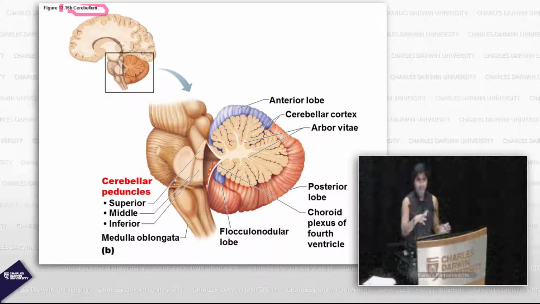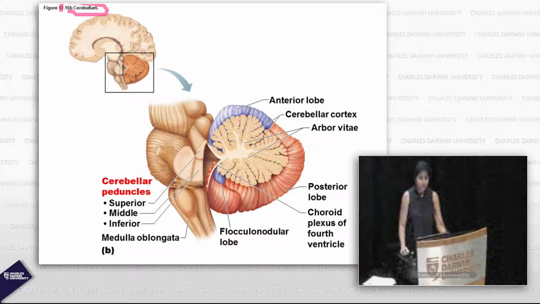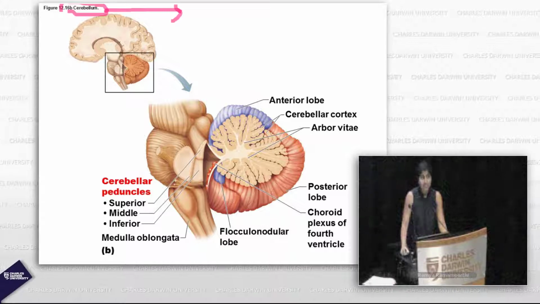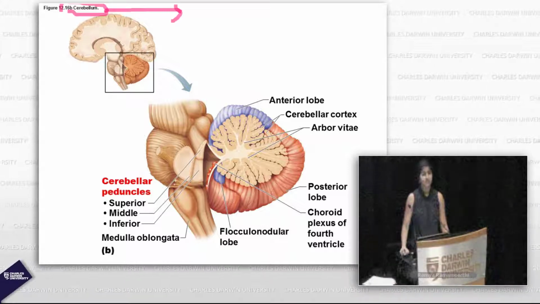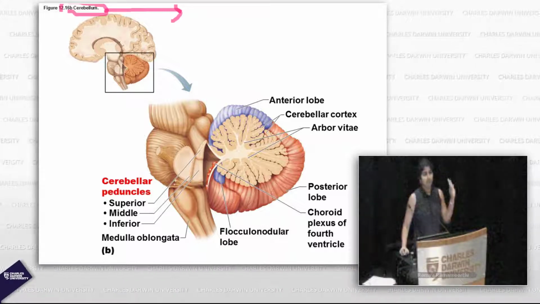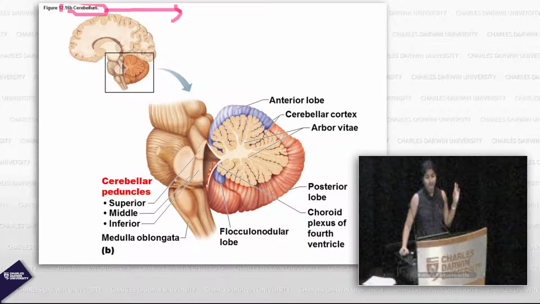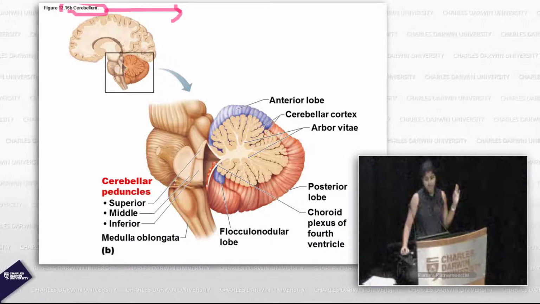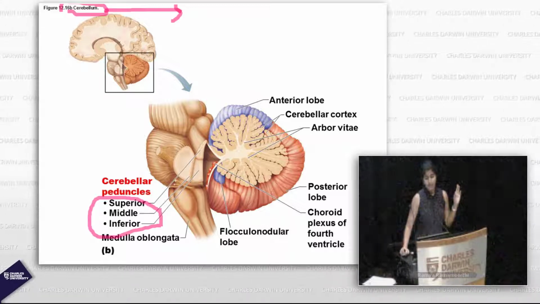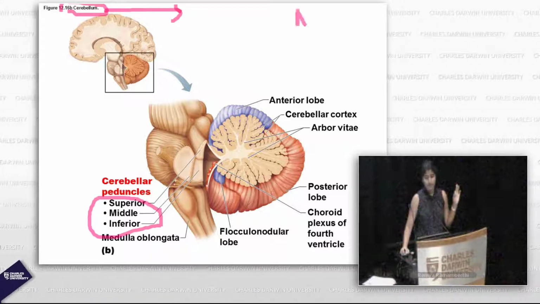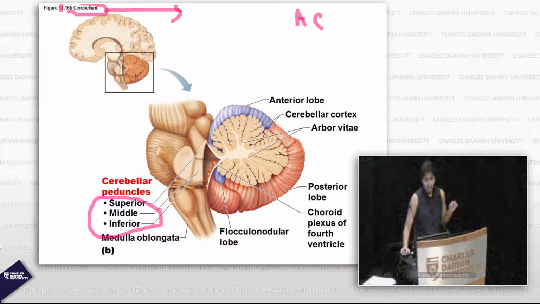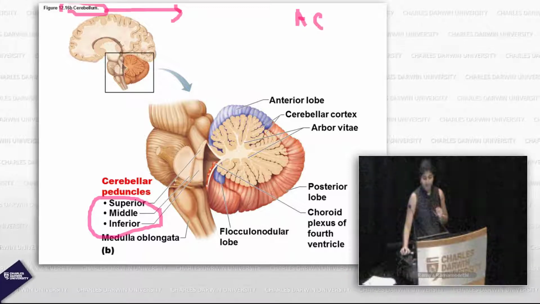So what were the different fibers that we talked about in the cerebrum? We talked about three important fibers in the cerebrum, and similarly we have three fibers here as well. We talked about association fibers, commissural fibers, and projection fibers, isn't it? With the cerebellum, we have superior, middle, and inferior peduncle fibers.